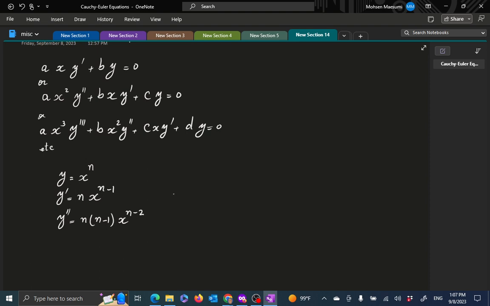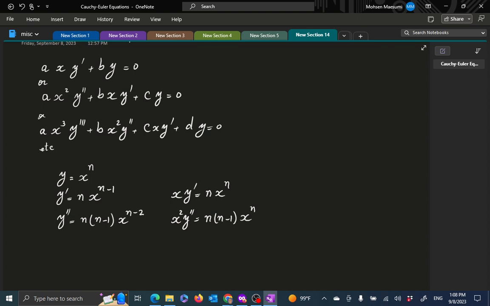So if you multiply this term by x, you go back to whatever power you had, except that now there's a coefficient in front. If you take this one and multiply it by x squared, again, you are going to compensate for what you have lost, and now you have n times n minus 1 times x to the power of n. So that is the motivation behind what we are going to do.